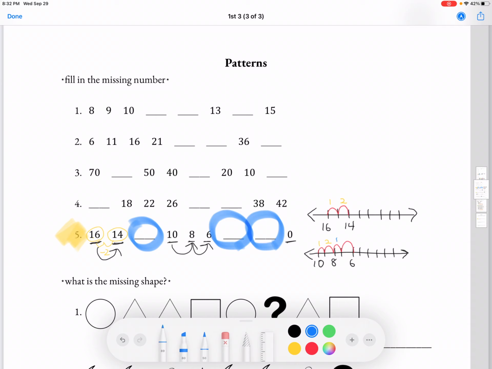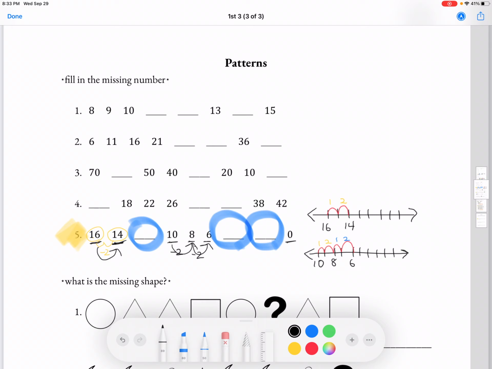Again, the distance is 2 spaces, which means the distance between 10 and 8 is also -2, and 8 and 6 is also -2, which means the pattern is subtracting 2 from the previous term.